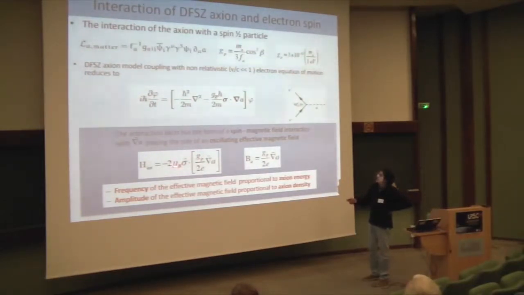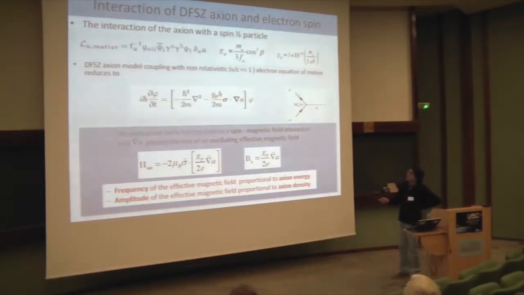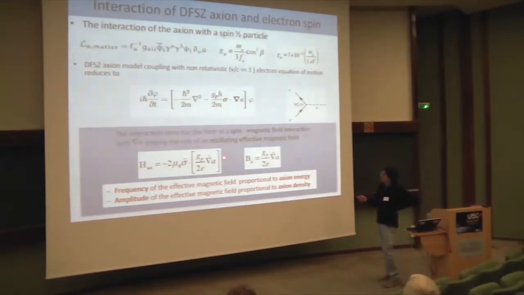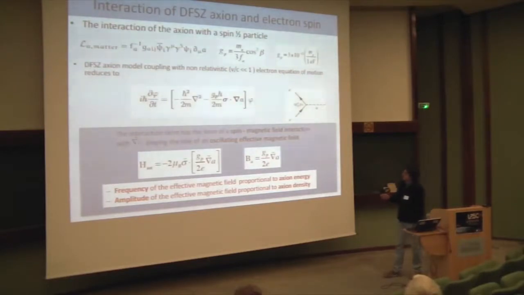So you have just the spin of the electron with the Bohr magneton, and then a magnetic field equivalent part. This magnetic field is exactly given by the presence of an axion gradient. So you need a gradient of the axion field, and if you have a gradient of the axion field, then you can have an interaction with the electron.